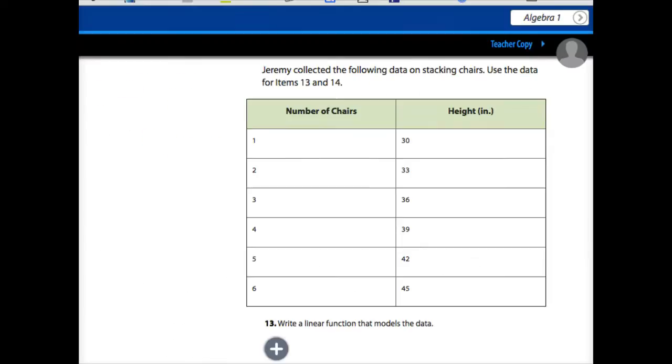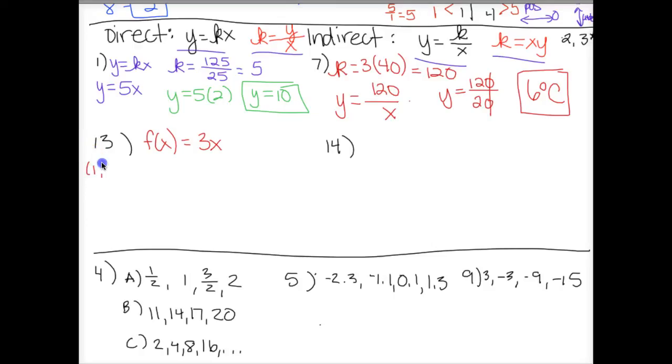Remember that these table values are ordered pairs. If I go to the first row, that should represent the point (1, 30), which means when x is 1, y should be 30. So I don't know what this is, but if I plug these in for x and y, I can figure it out.